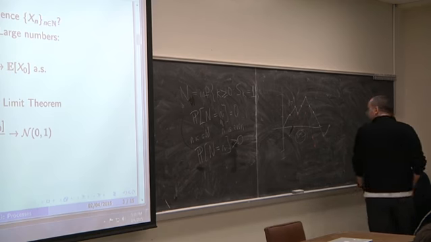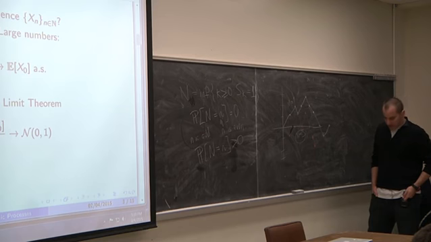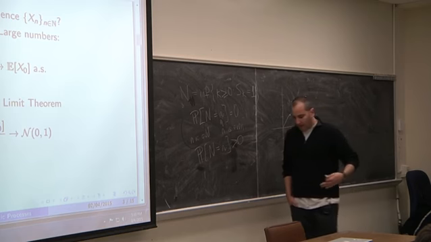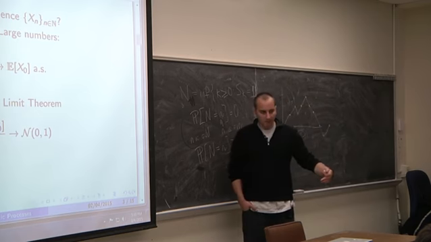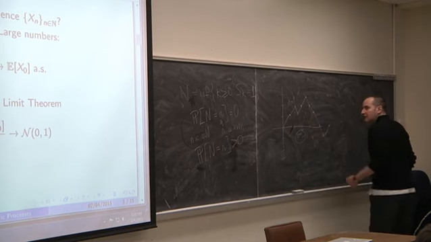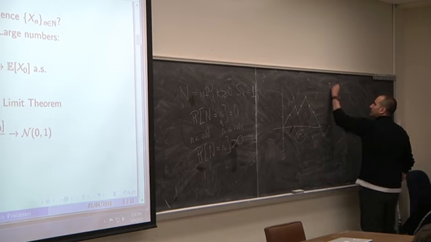So that's the first random variable that comes out that is derived from this random walk. And I will claim that this random variable is an example of a stopping time.